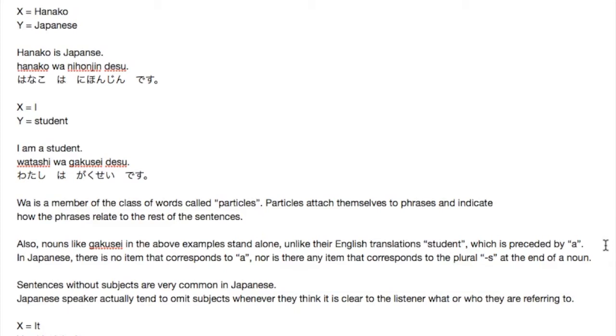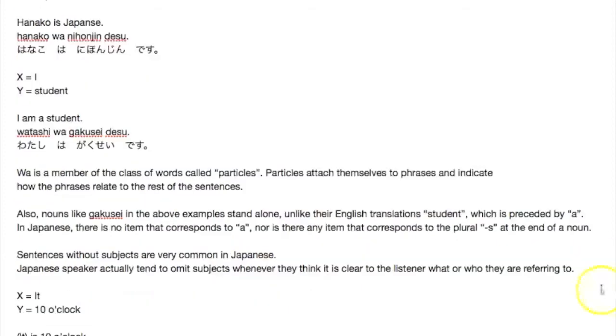Sentences without subjects are very common in Japanese. Japanese speakers tend to omit subjects whenever they think it is clear to the listener what or who they are referring to.